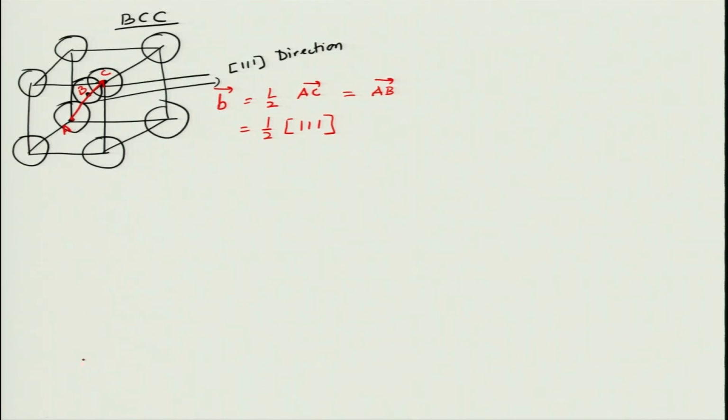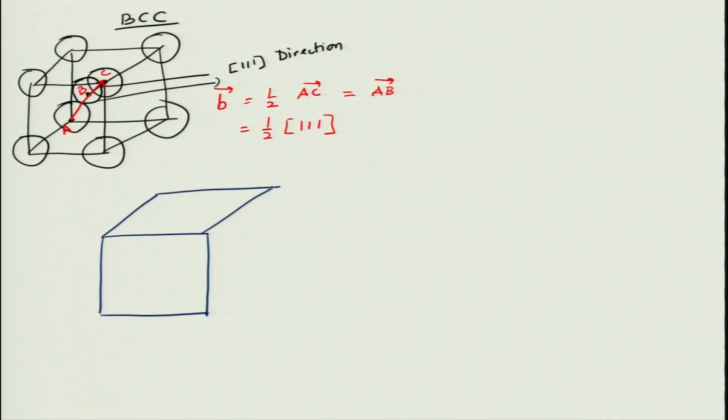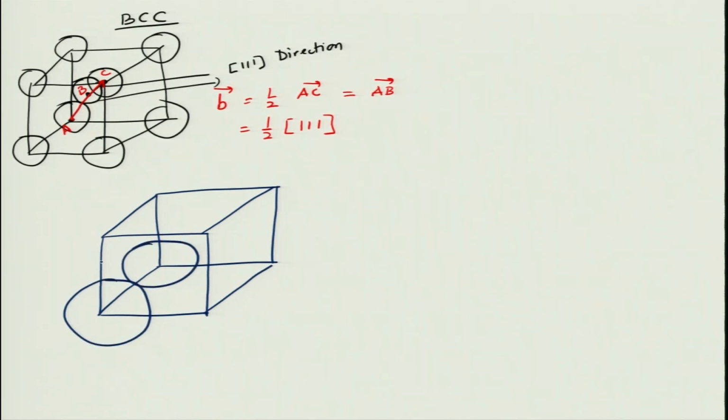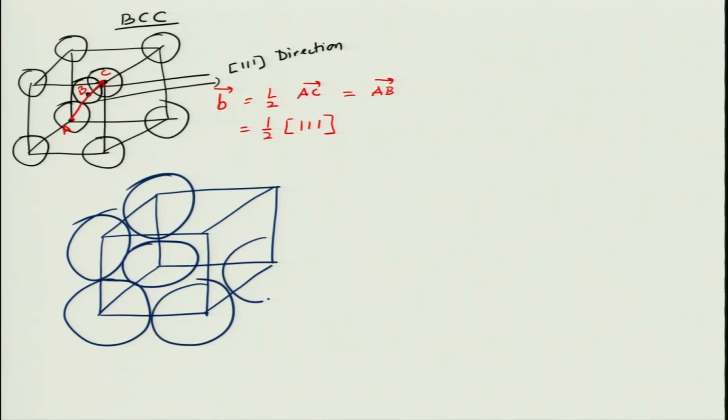If you take FCC, or let us take simple cubic first. So, this is simple cubic, let us say this is the atom, and these all touch each other. When they are touching each other, the closest direction is the cubic direction, which is from here to here.